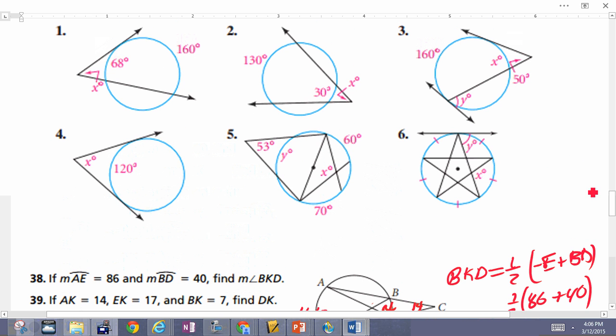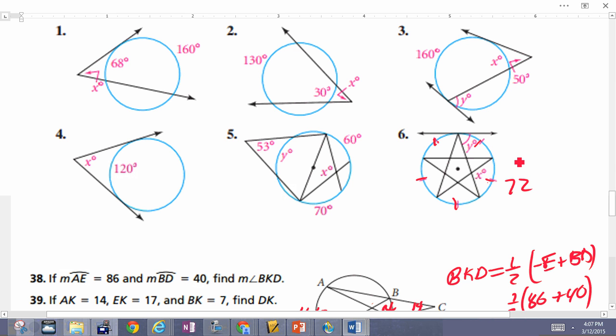I like this problem up here, number 6, okay? The fact that it's telling us that all these arcs are equal means we have 1, 2, 3, 4, 5 arcs equal. So 5 into 360 goes 72, right? So each of these arcs is 72 right here, okay?